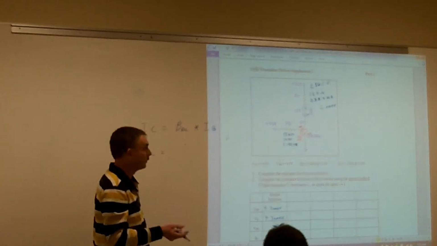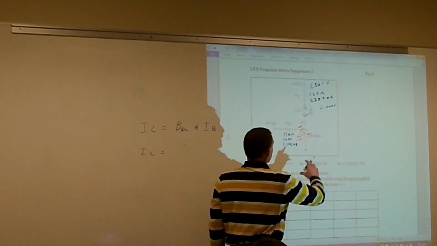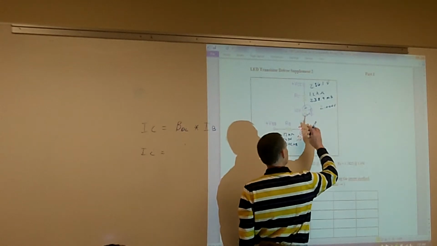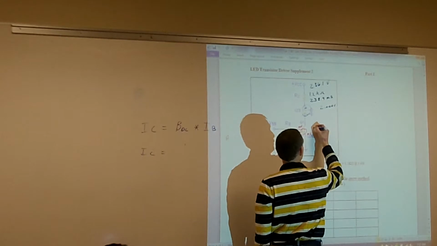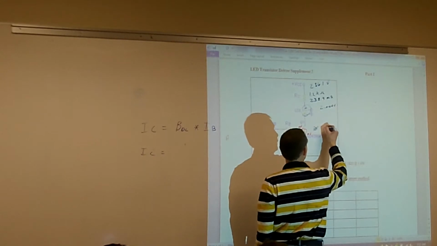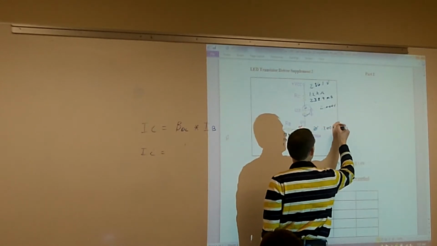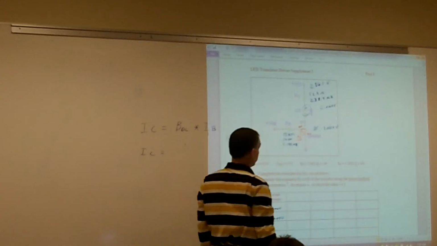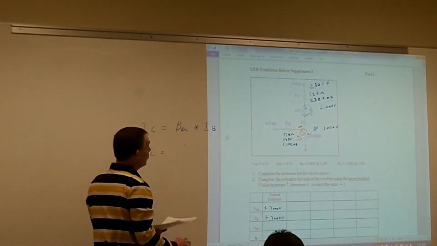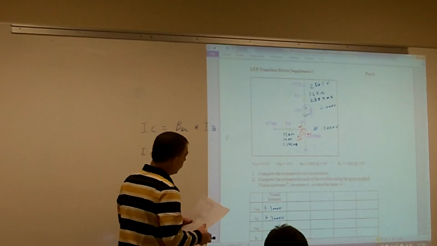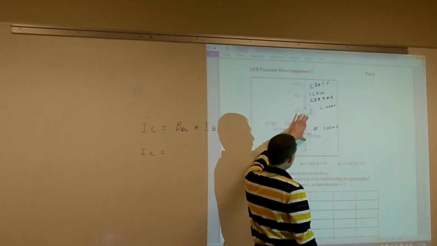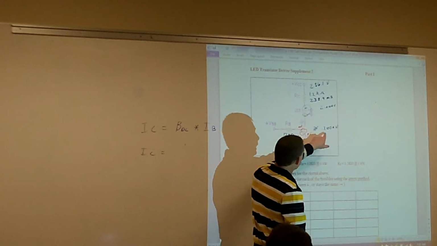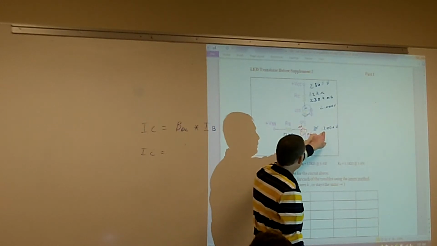So remember, if we're in saturation, this thing is acting like a switch. It's actually closed as far as it can, and that gives us an approximation of 0.2 volts going across our collector to emitter. So once we identify that our collector to emitter is really in saturation, it's just like a closed switch, that's going to take its 0.2 volts.